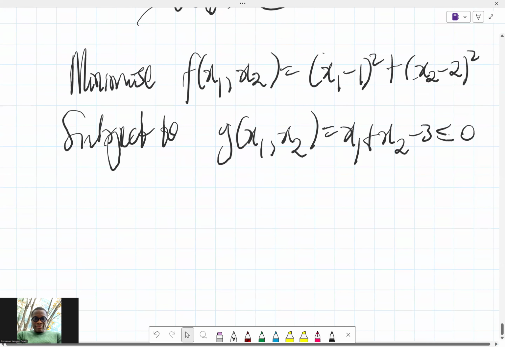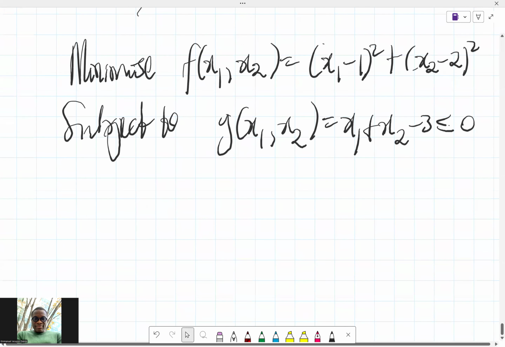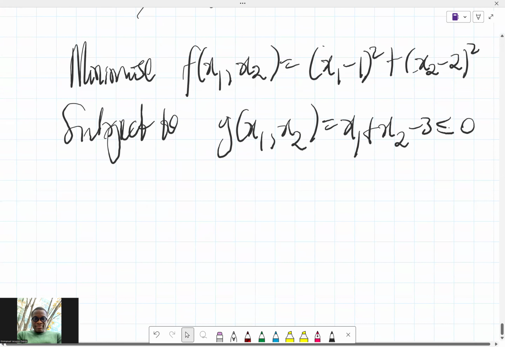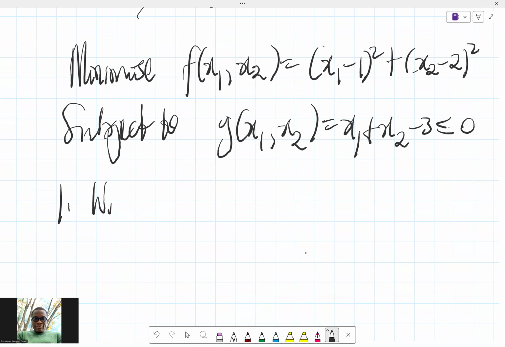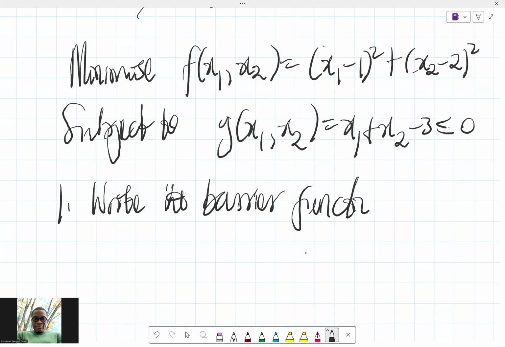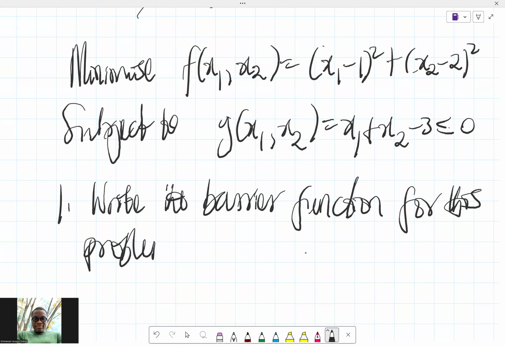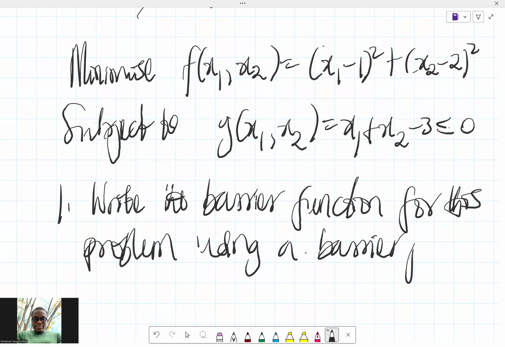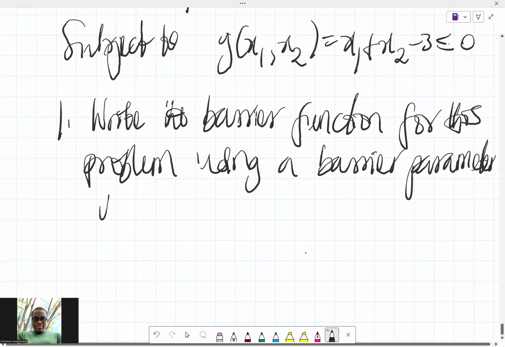In this case, of course, you don't expect an equality constraint because barrier method doesn't work very well with equality constraints. So what you are supposed to do now is, number one, write the barrier function for this problem using a barrier parameter mu equals 10, just like we did before.